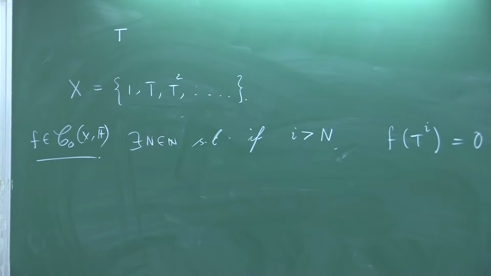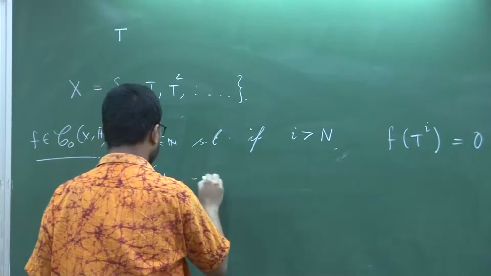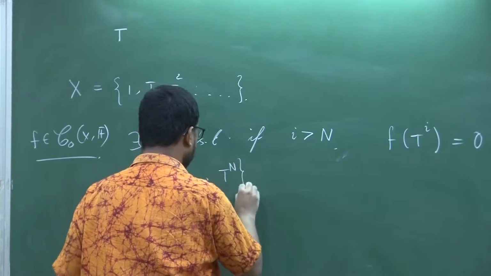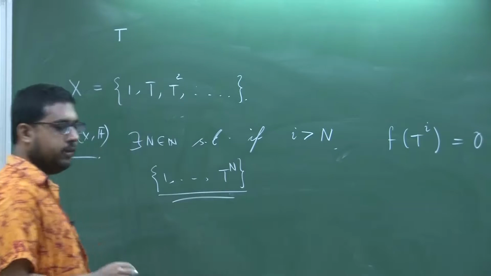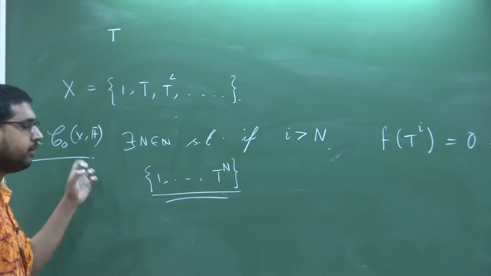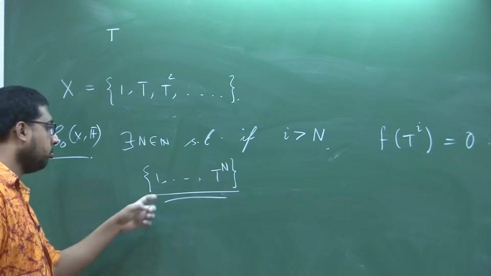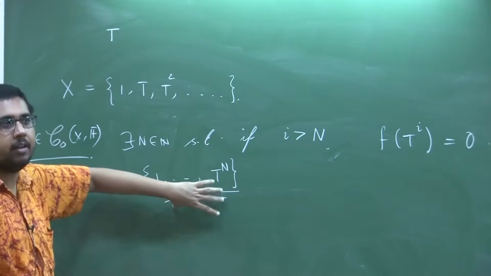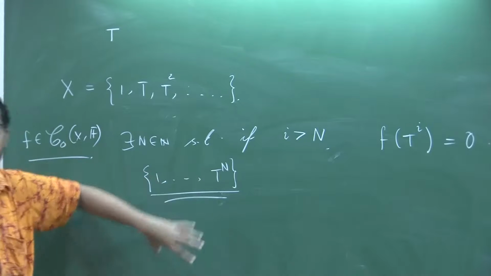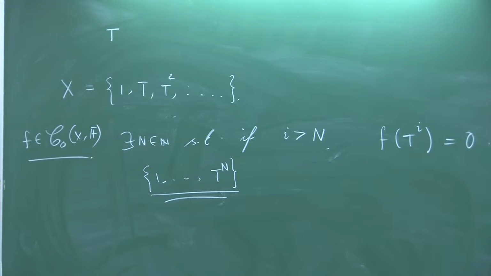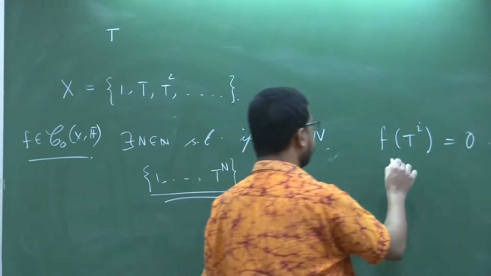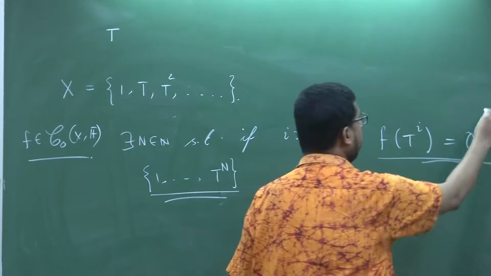Try to understand. This is the set beyond which f will vanish identically, and for any given f we can always have such a set.